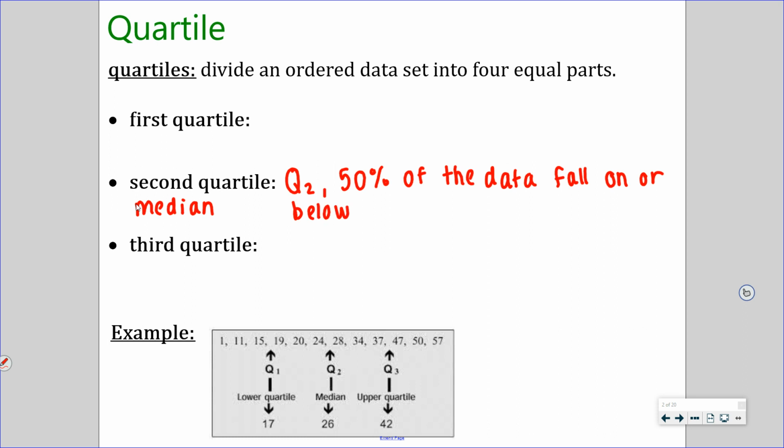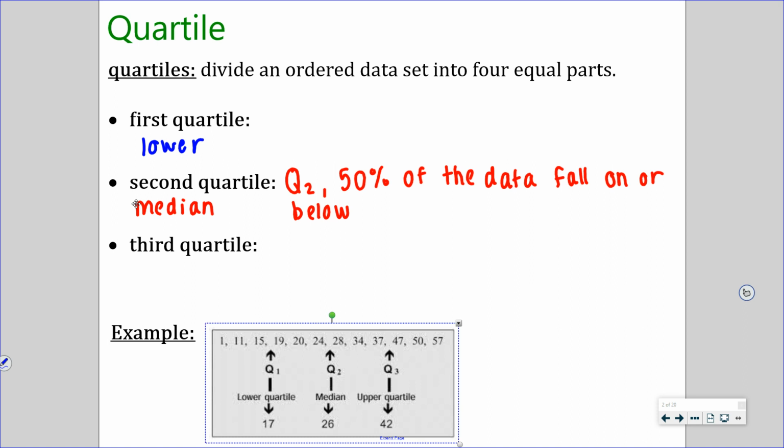Okay. So the first quartile, which is sometimes also called the lower quartile, you can see in the little picture, is where we take the first half and calculate the median of the first half, or section it off into 4 equal parts. If I took half of a half, that's a quarter, and that's what my lower quartile is.